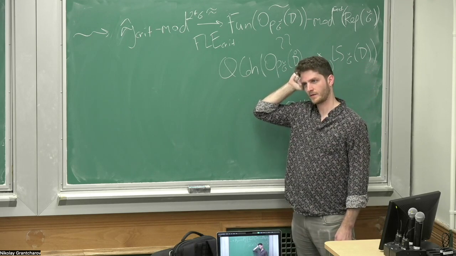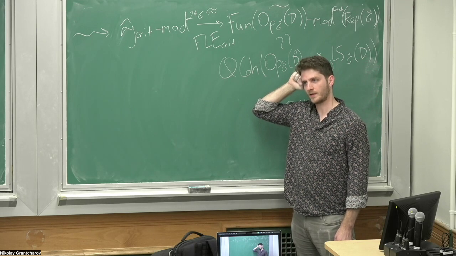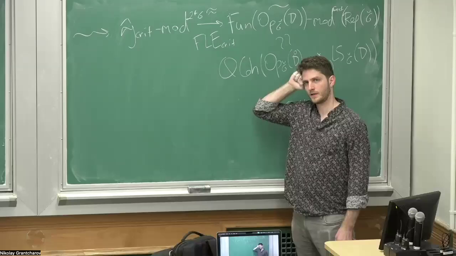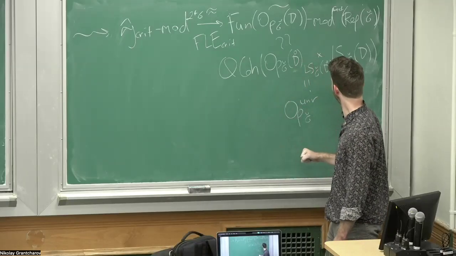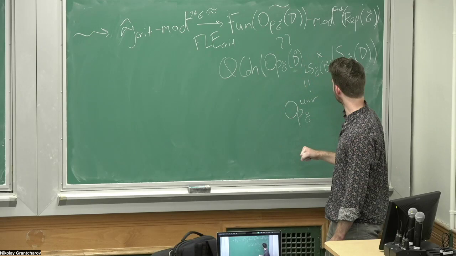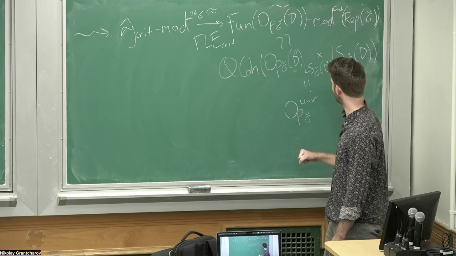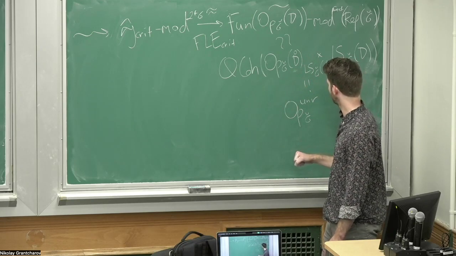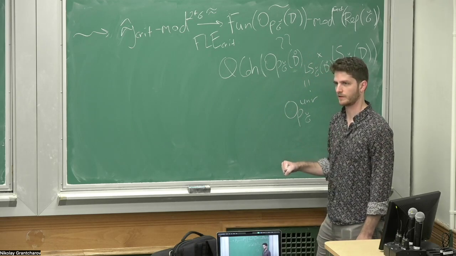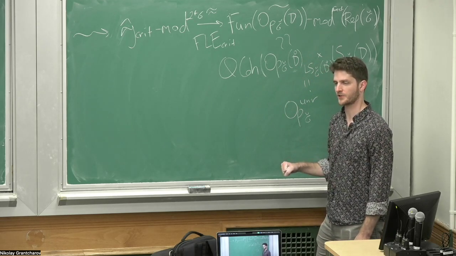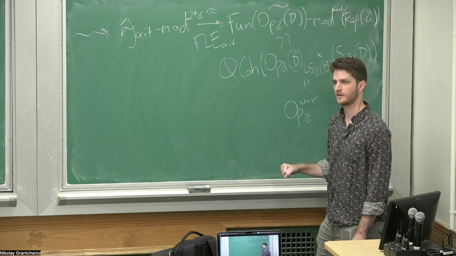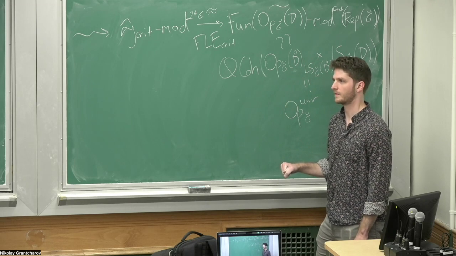Like the Hecke category, exactly. It kind of feels like it would just be completing meromorphic opers along unramified opers, but I thought that would actually just give you unramified opers again, right? So I'm saying something silly. Yeah, that's right. That can't be right.